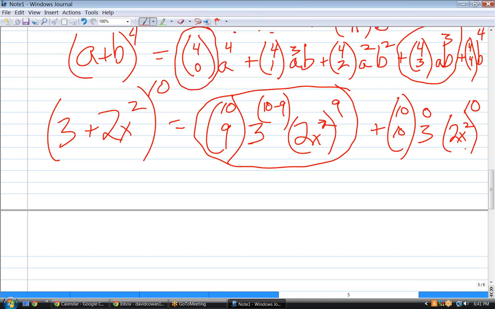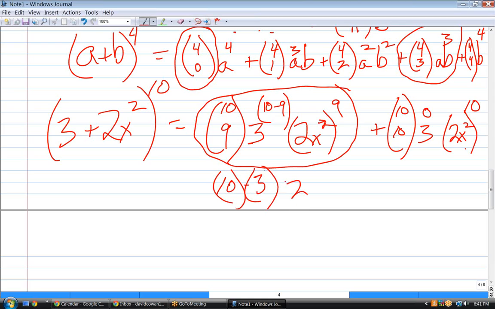We're trying to figure out the coefficient of the 10th term, which is the term I have circled. So what is 10 choose 9? That is just 10. What is 3 to the 10 minus 1? That's 3. And what is 2x squared to the 9th power?